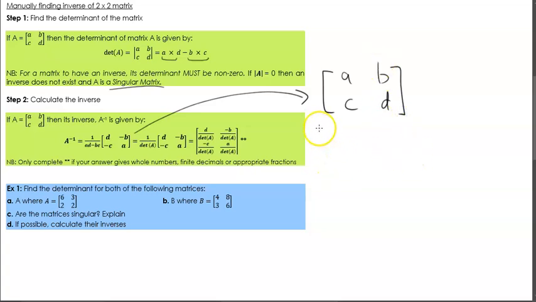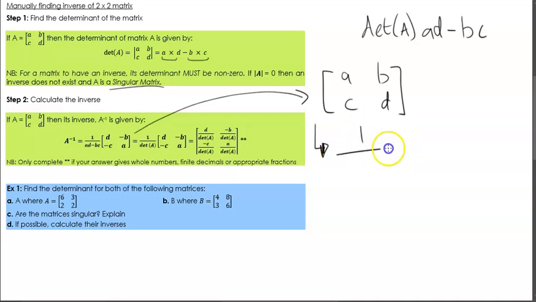We're going to find the determinant, which is A times D, which I'll write AD, minus B times C. This is the determinant of that matrix. We need to get this determinant, and with it, we're going to get the inverse by doing this: 1 over the determinant, which is AD minus BC.